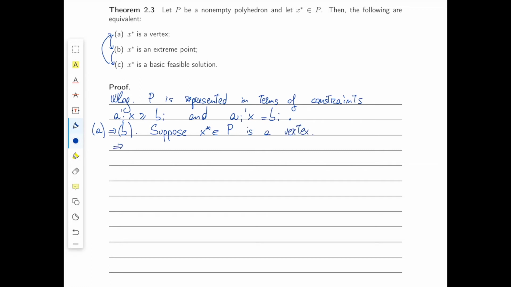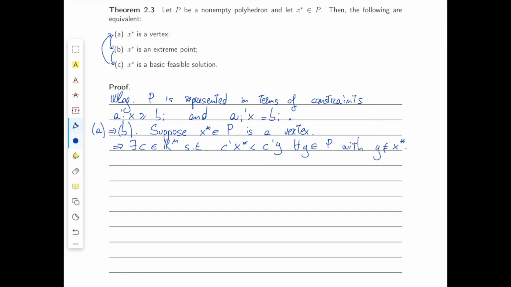Directly from the definition, this means that there exists a cost vector c such that c transpose x star is strictly smaller than c transpose y for every y in P different from x star.